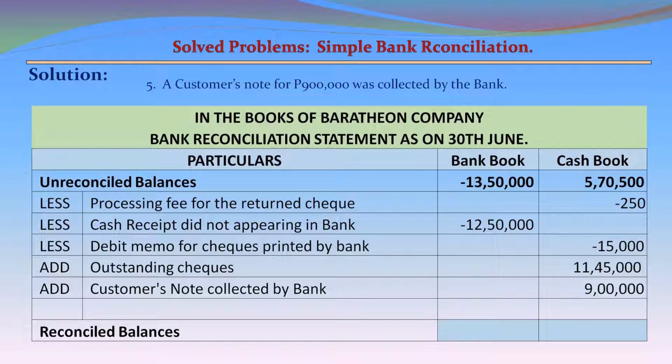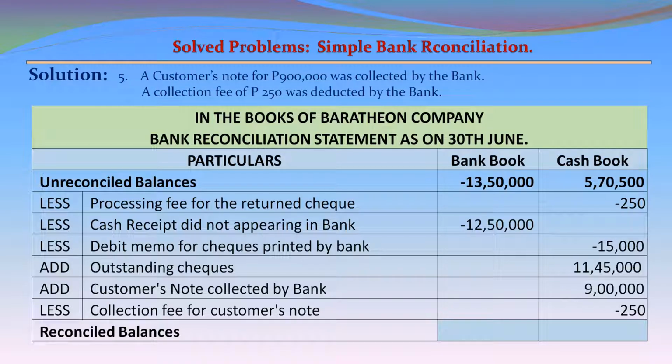Adjustment 5. A customer's note for 900,000 was collected by the bank. That means this has been recorded in the bank. This has been the collection by the bank. So it is already there in the bank book, but not there in the cash book. So we have to add to our balance in the cash book, add customer's note collected by the bank, 900,000.